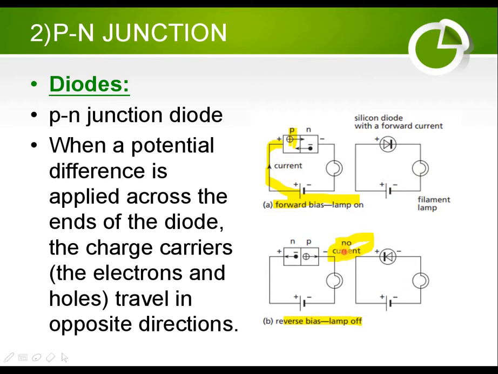If it's forward bias, it allows current to flow, while in reverse, no current. Here you can see that no current flows, and if current flows, definitely our bulbs, or whatever the things are, will glow up, while in this case no current flows. This is the symbol that is used, and when the potential is applied across the p-n junction, the electrons and holes travel in opposite directions.